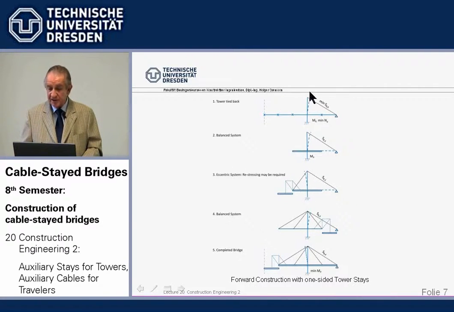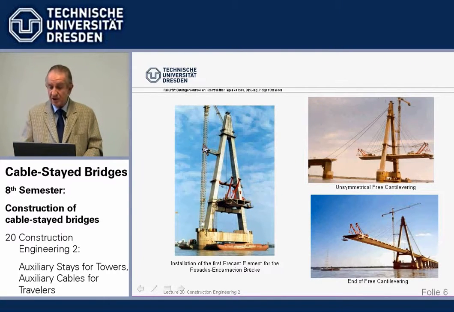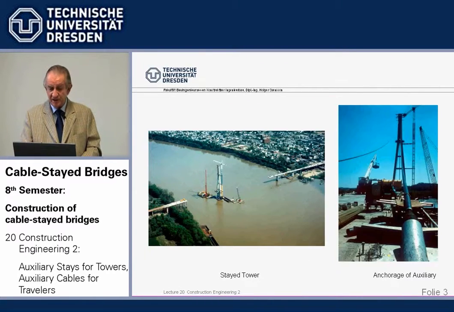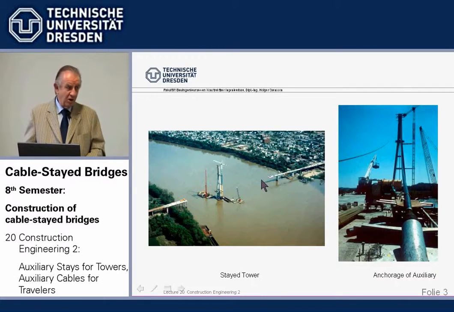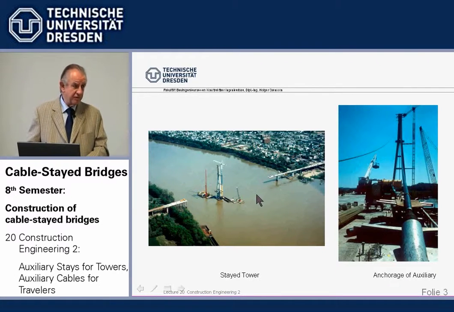So we get rid of the forestay auxiliary stay, which is a good thing, because the forestay auxiliary can be reached by ships. And Murphy's law, one of Murphy's laws for construction engineering, is, if a ship can reach a cable, it will run into it.